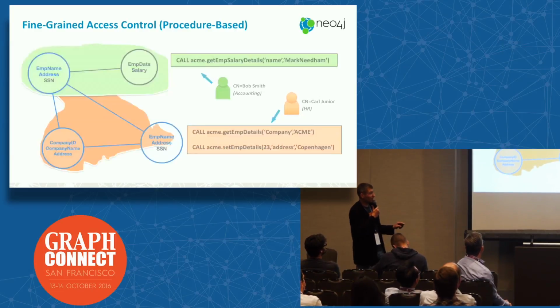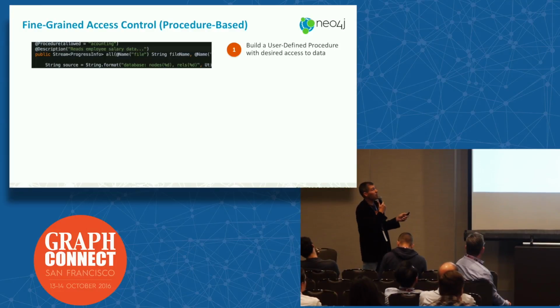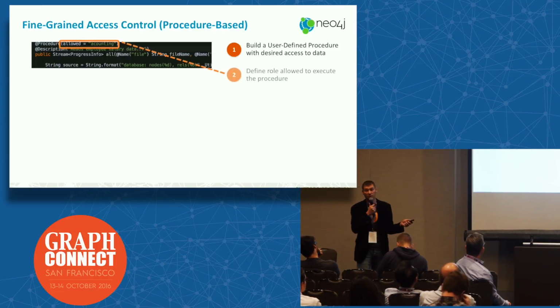So how we do that is through annotating user-defined procedures with a permission, a custom-defined role. So you need to build the procedure that will access your employee data, and you would put allowed equals accounting. By doing that, you just defined a custom role. You just defined a mapping to a custom-defined role, right?